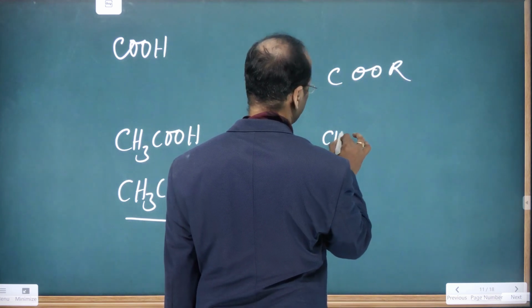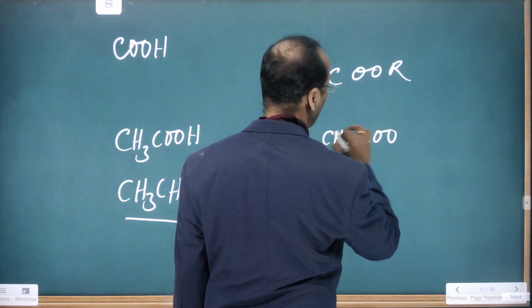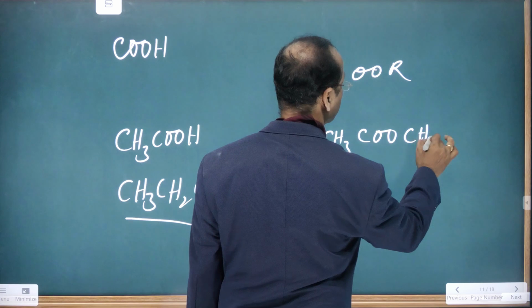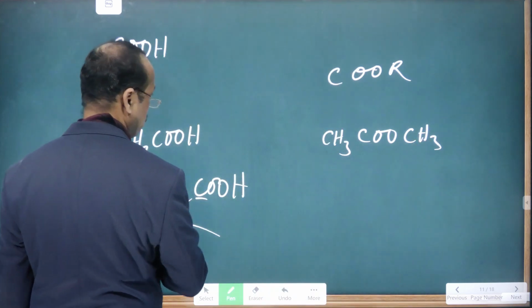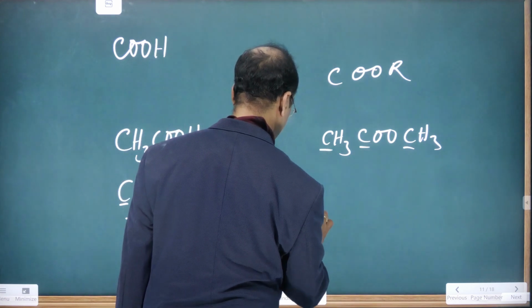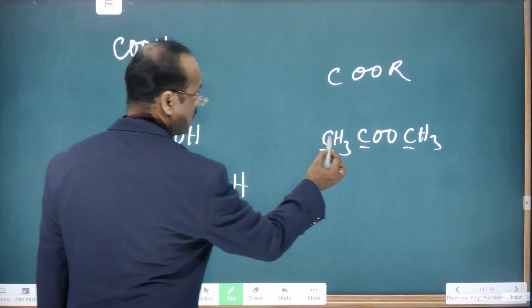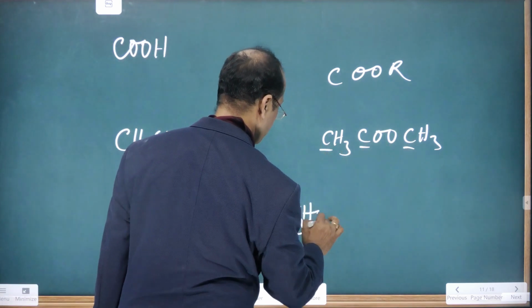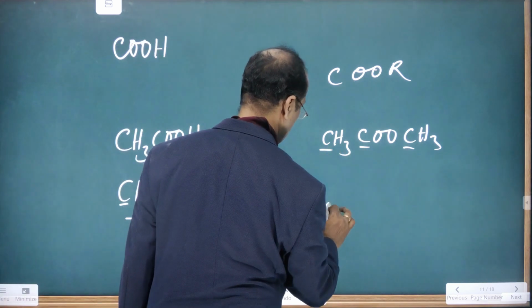So how can I write it now? See here, CH3, C double bond O and CH3. Okay, so now you see how many carbons? 1, 2, 3. 3 carbons. Hydrogens: 3 plus 2, 5 plus 1, 6. 3 plus 3, 6. Here how many oxygens? 2 oxygens, O2.